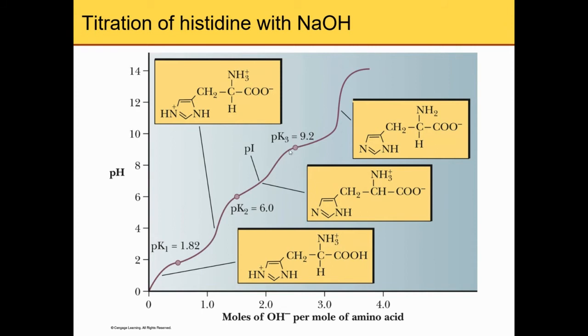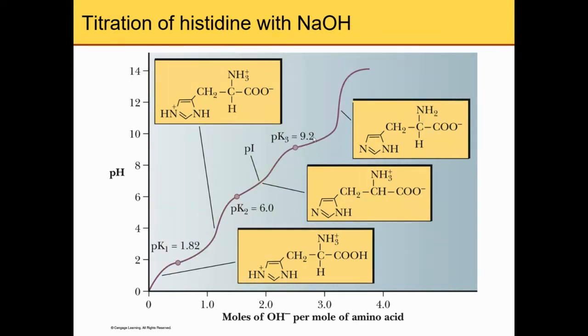At 9.2, the amount of the neutral amino acid and the -1 amino acid will be equal. That's a 1-to-1 ratio.